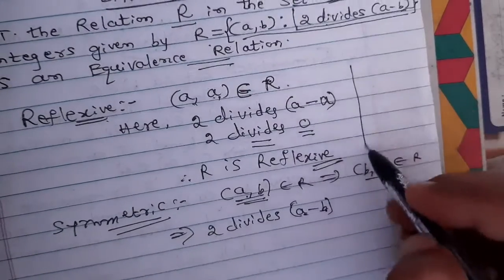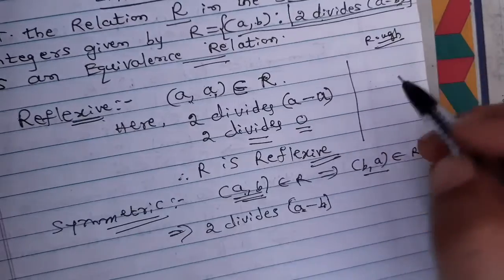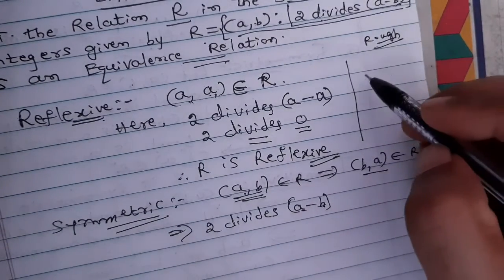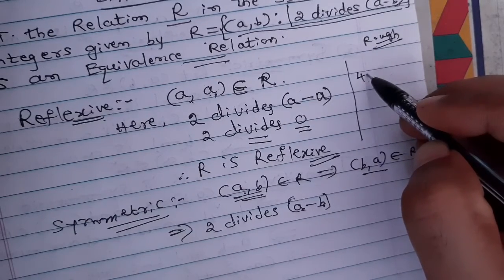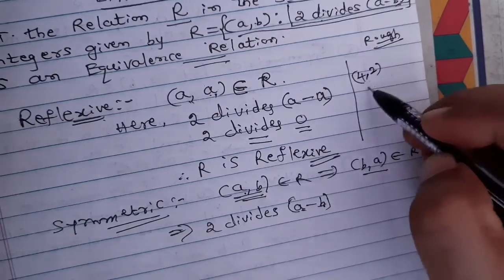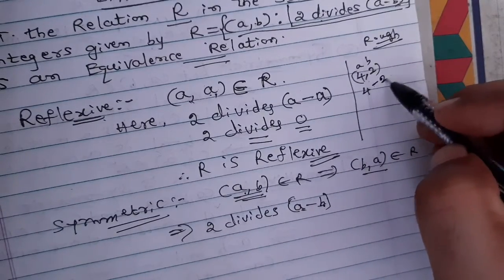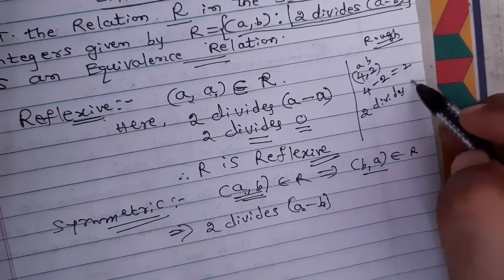This is only rough work, you need not write this. 2 divides a minus b. Suppose I take, say, 4 comma 2. So both are integers here. Say this is (a, b). 4 minus 2, that is 2. So here 2 divides 2.